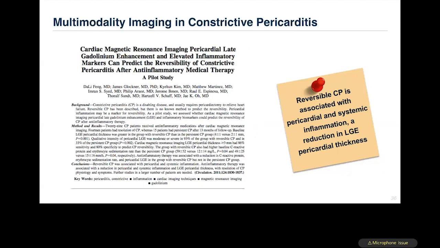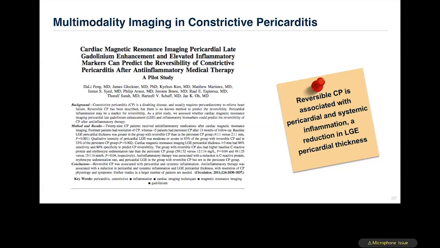The physiology, once diagnosed, needs to be associated with the clinical story. If the clinical story suggests that there is an ongoing inflammatory process, even if a patient has constrictive physiology and is in heart failure, you should look out for reversible features like a reversible inflammatory state.